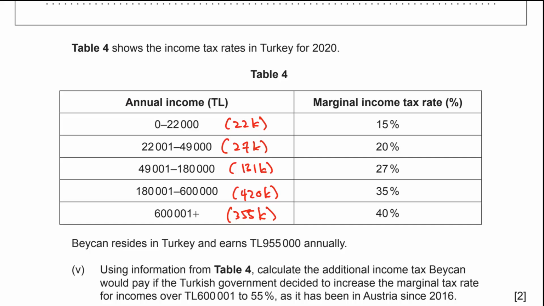Here's how it works. Let's say your annual income is somewhere between 0 to 22,000 Turkish lira per year, you would be in the 15% tax bracket, meaning that if you earn, let's say 10,000, which is in that first bracket, you'd only be paying 15% of your income as taxes.